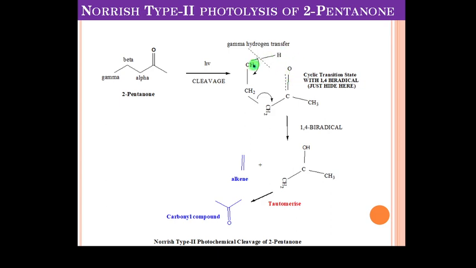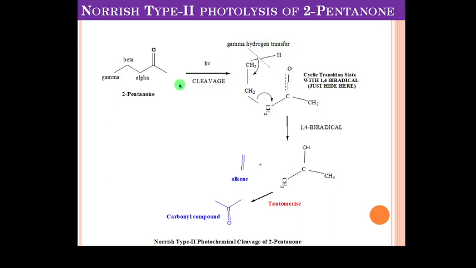For that purpose, this cyclized form is taken into consideration. I have not pointed out the 1,4 biradical formation here, which is also formed during this reaction. I only want to explain the gamma hydrogen transfer here.